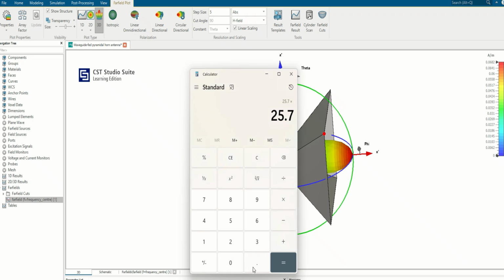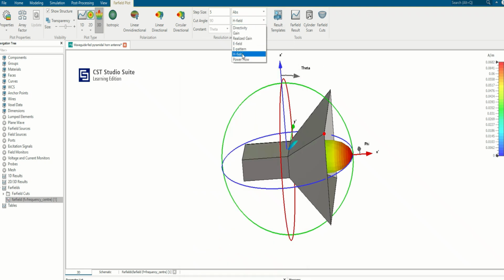So we have seen that power density is the multiplication of both E and H field divided by 2. So I'm multiplying both electric field and magnetic field values and then dividing by 2. So this is the power density. So it has to be 0.87. So let's see how it is. So you can see that it is 0.87.